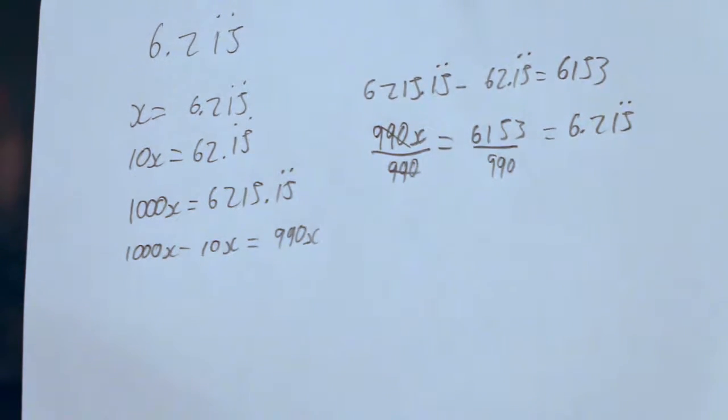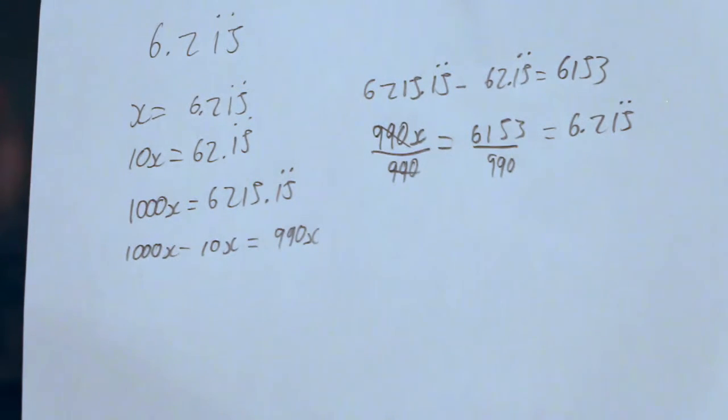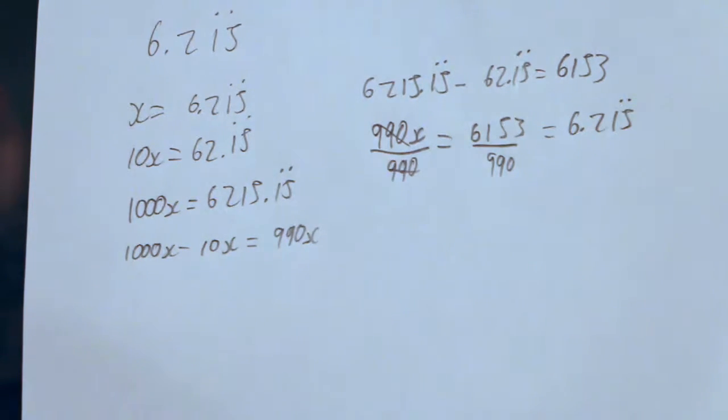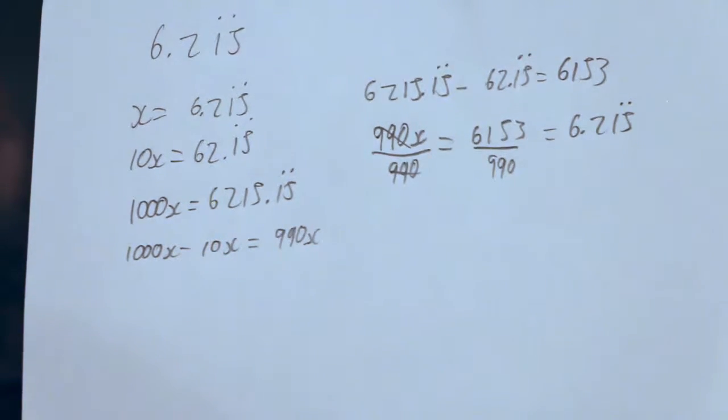So now we have to subtract 10x from 1000x, not x, but 10x, because we have 62.15 recurring. If we subtract x, the equation won't work out and the answer won't be correct, because with x, the 2 is after the decimal place, but with 10x, the 2 is not part of the recurring decimal, if you know what I mean. It's 62.15 recurring, not 6.215 recurring.